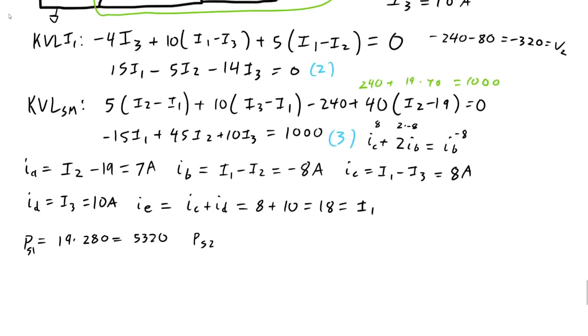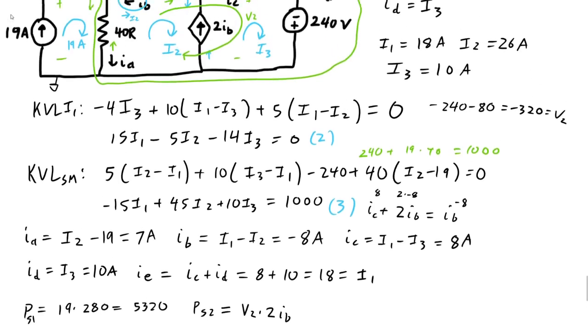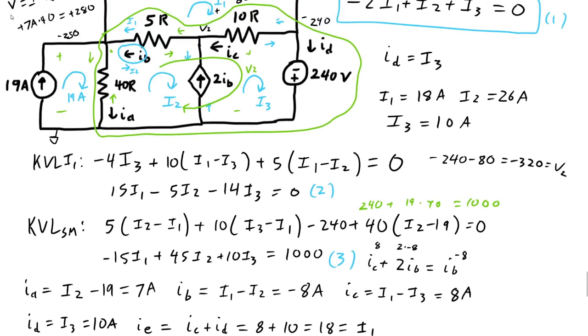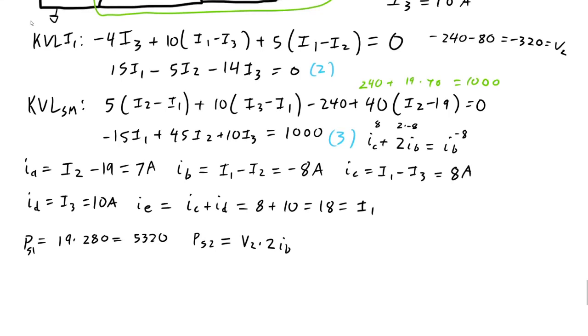Okay, so power supply is going to be V2 times 2 IB, and we know IB is negative. Actually, let me think, because there's a minus over here, so the current is going plus to minus, so we're going to have minus in front.